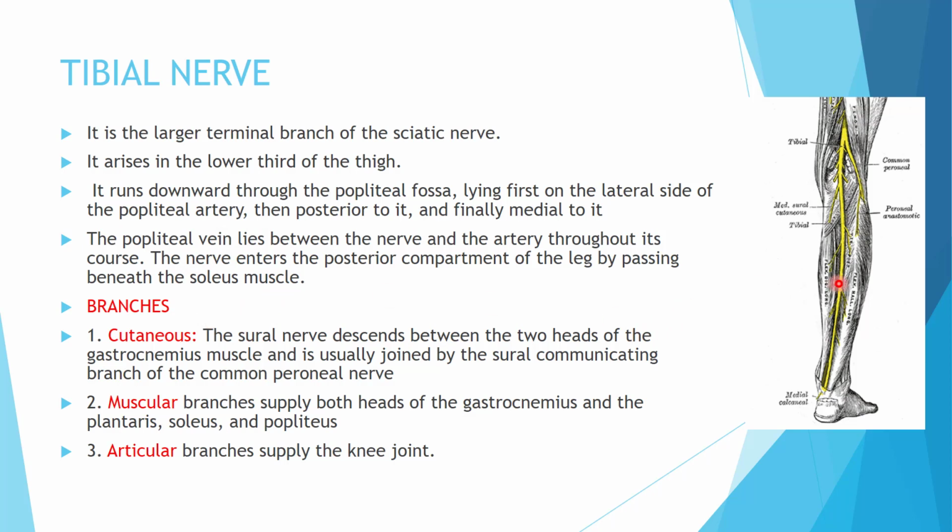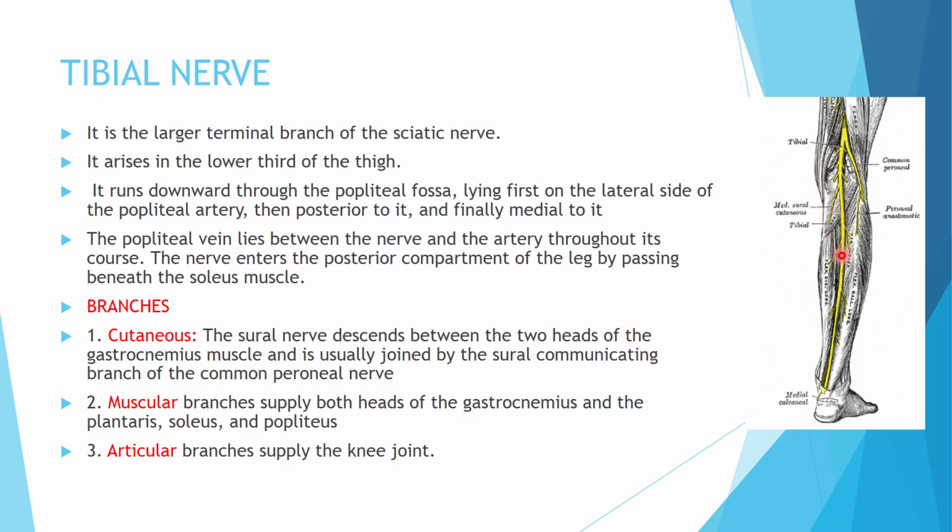So what we have learned is that the tibial nerve is the larger terminal branch of the sciatic nerve. It arises in the lower third of the thigh. It runs downwards and passes through the popliteal fossa. It lies first on the lateral side of the popliteal artery. See here, this is the lateral side of the popliteal artery.